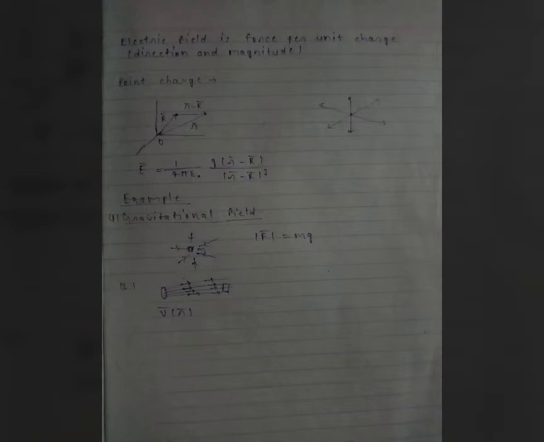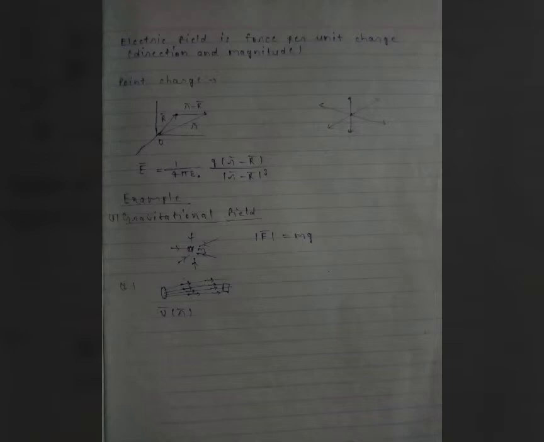As I said, what we are actually suggesting is, given a charge distribution Q, it is creating a field around itself. So there exists something around it that I am calling the electric field, and its direction and magnitude is given by the force it applies on a unit charge. So let us see.